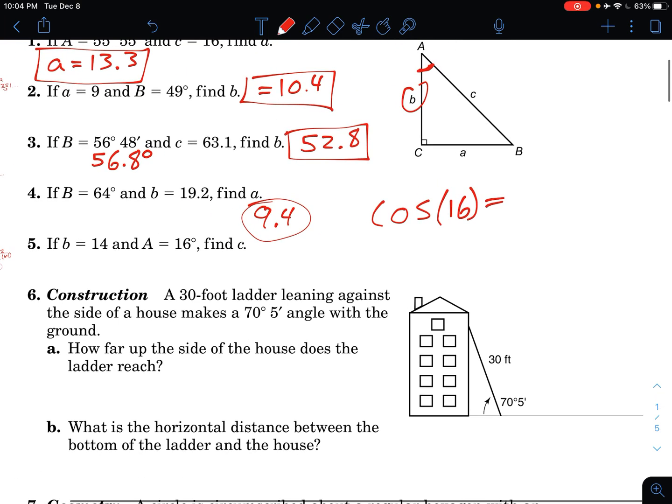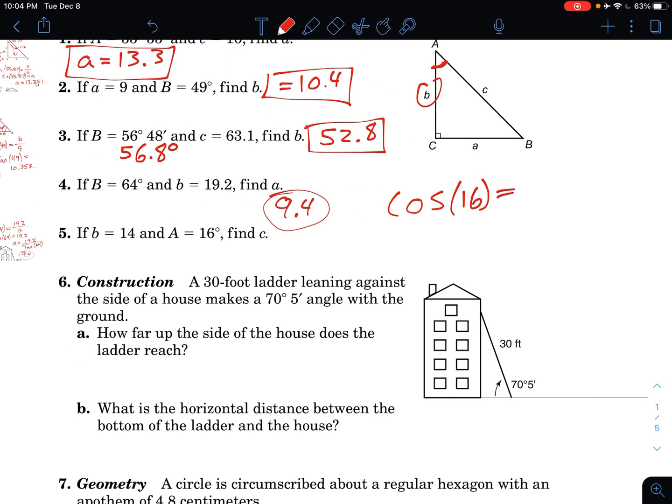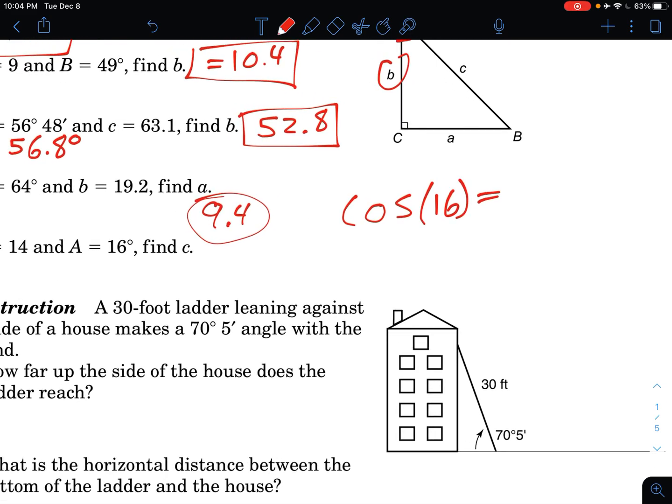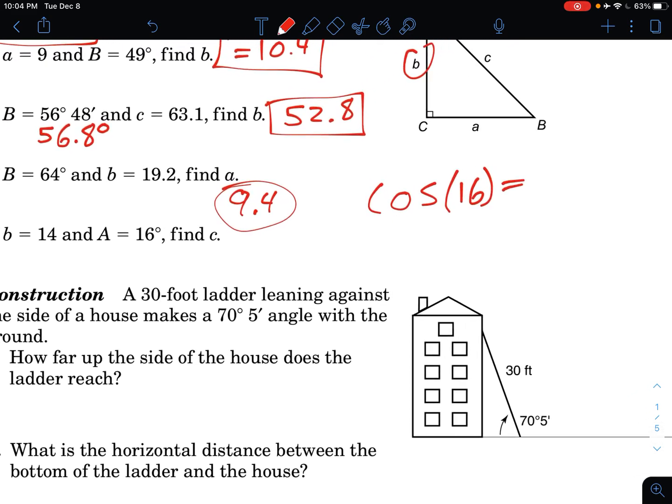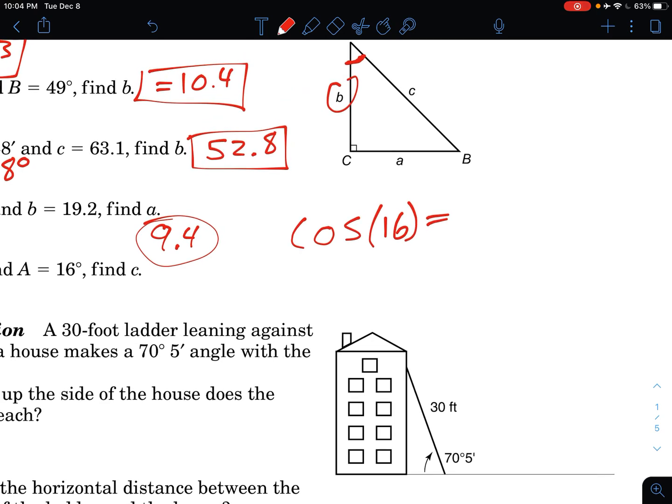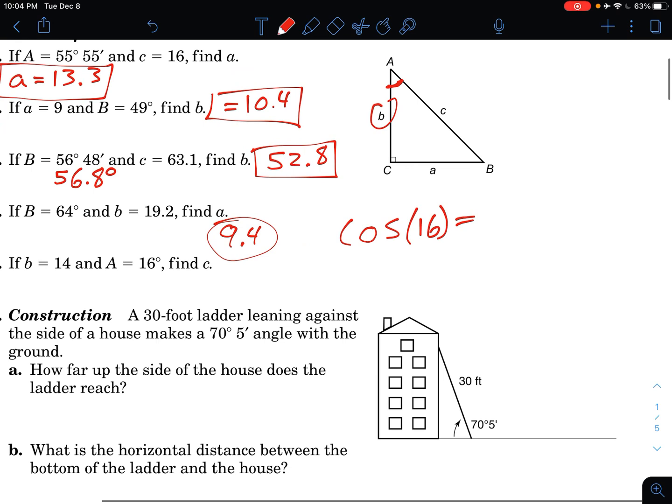Since the angle is so small, our sides are going to be a little bit different lengths. But if B is 14, I'm going to expect that the other side is going to be pretty small. It still should be bigger than 1, but let's find out. So we're going to get the cosine of 16 is going to be equal to the ratio of the, actually we're not finding A, we're finding C, excuse me.